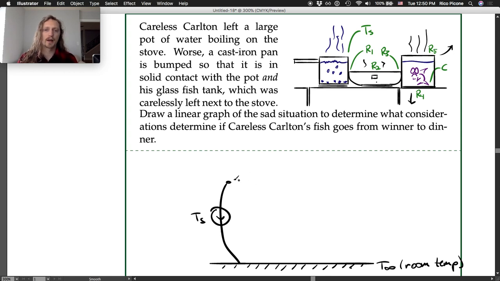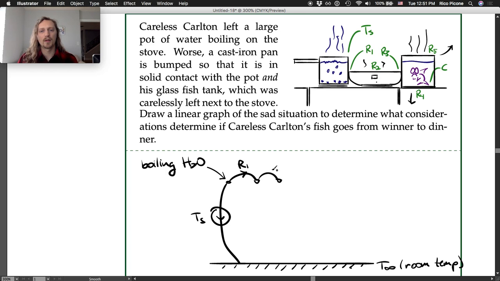T higher here, this is the temperature associated with the boiling water. We have resistances. I'm going to ignore convection from the pan here, the cast iron pan. That might not be a good assumption, but for this model, we'll do that.